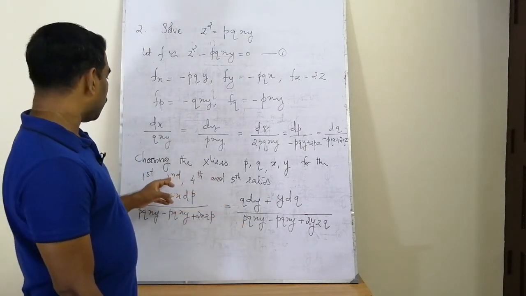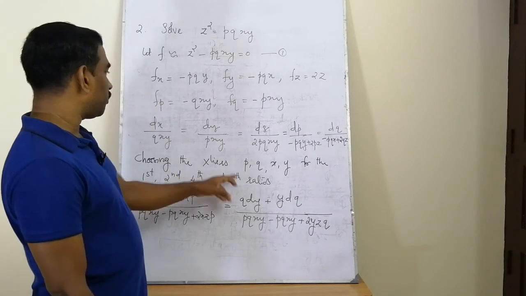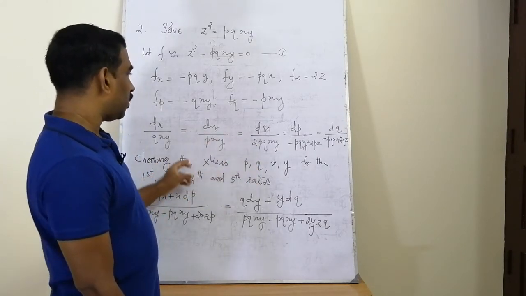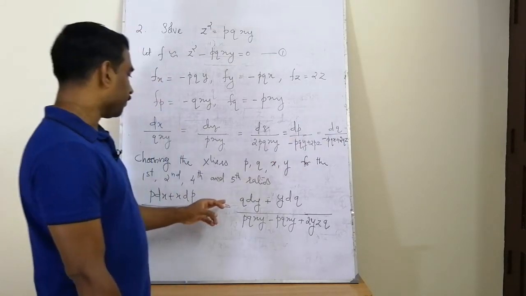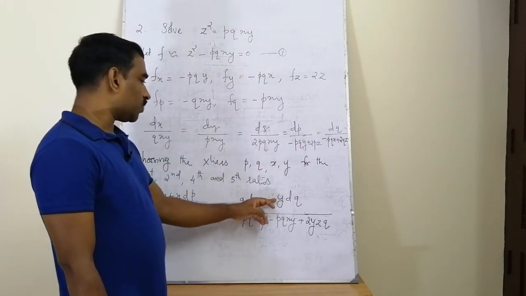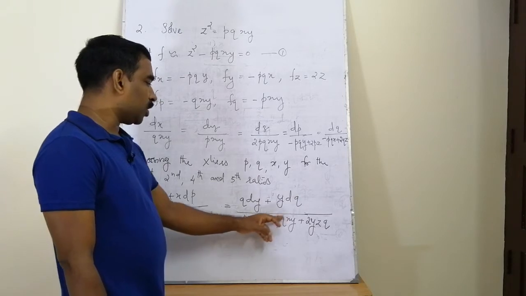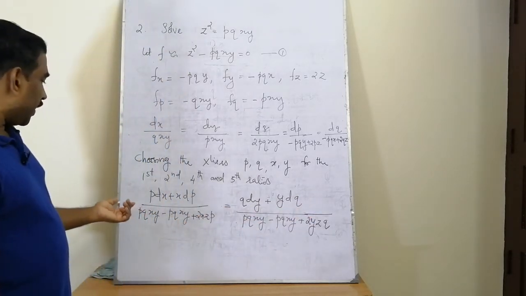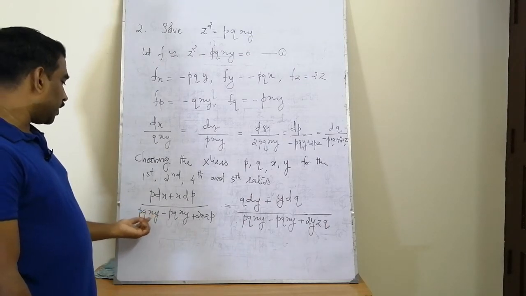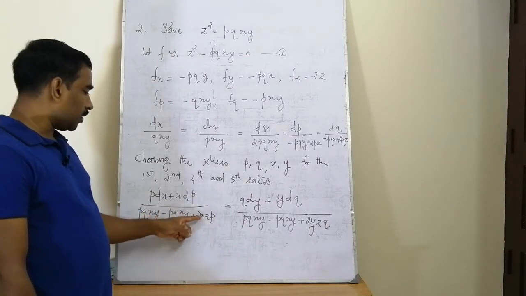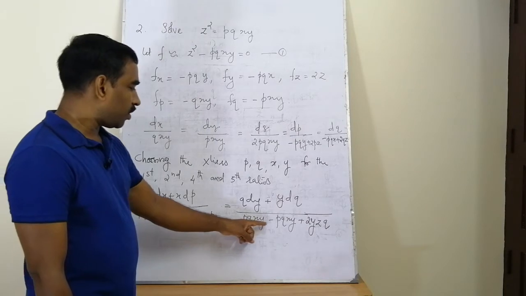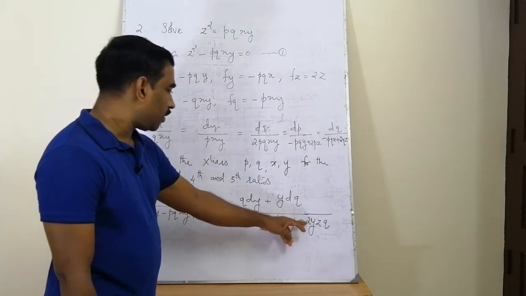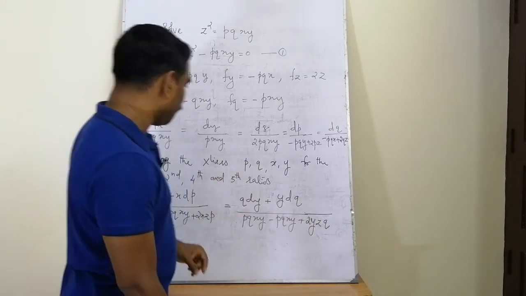Another set is for the second and fifth ratios. We multiply the second with q and the fifth with y and adding, that is q dy plus y dq divided by p q x y minus p q x y plus 2 y z cube. On simplification we can cancel the p q x y terms, and we have 2 x z p, and similarly on the right hand side denominator we get 2 y z cube.